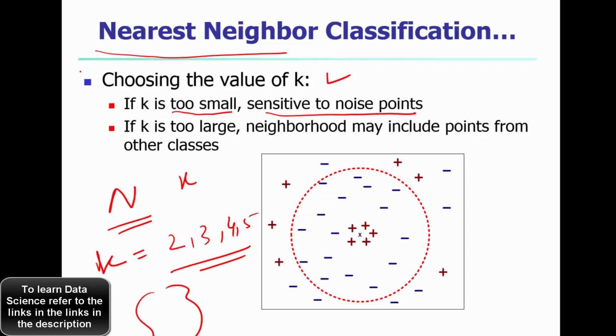You try with 2, 3, 4, 5, whatever, because computational power has increased for computers, so you can just try out a number of values of k and run the algorithm to see at what k the accuracy level in your test data is maximum. Just choose that k as your optimal k value.